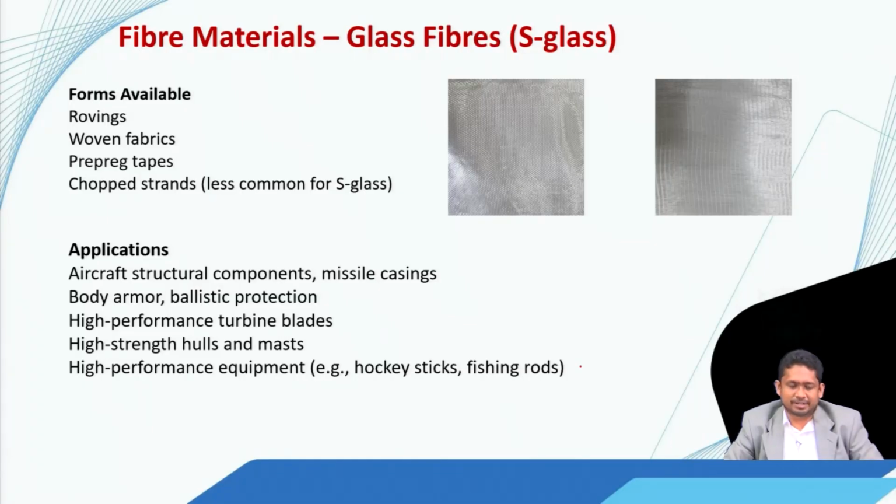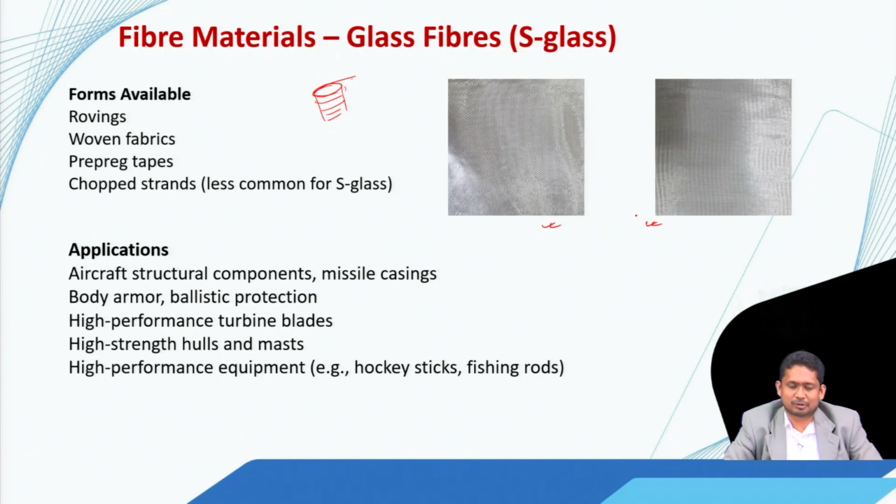It's available in various forms. It can be available in roving form. Roving means it's just like in bundle form like this, and then there are woven fabrics. So this is a woven fabric of glass fiber, where fibers are there in both the directions, and this is a fabric where the fiber is predominantly in one direction.